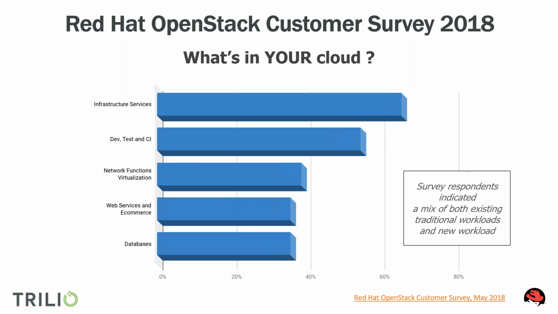But the most interesting data pattern we learned from the survey, which we repeated, the previous one was 2 years ago, is that 63% of the respondents indicated that they're running a mix of both existing traditional workloads and new workloads in their cloud.